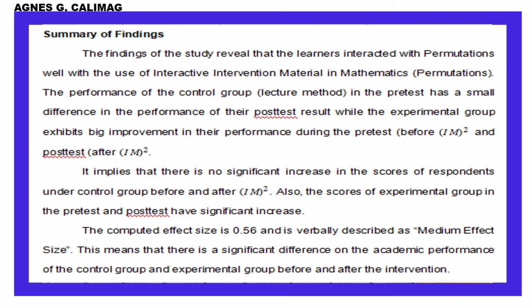The computed effect size is 0.56 and is verbally described as medium effect size. This means that there is significant difference on the academic performance of the control group and experimental group before and after the intervention.